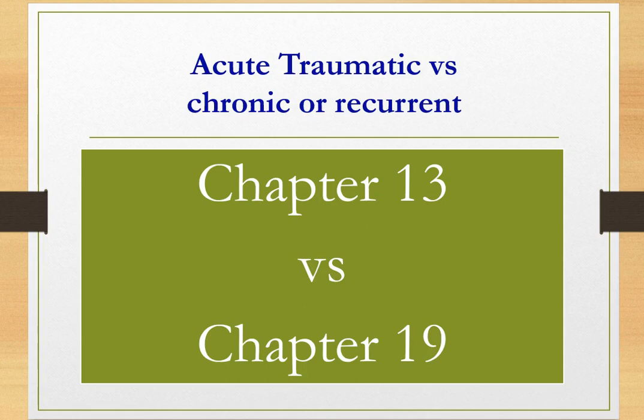Bone, joint, or muscle conditions that are a result of a healed injury, remember that word from the last review, are usually found in Chapter 13. But if the patient has an acute injury, those are actually coded to Chapter 19.